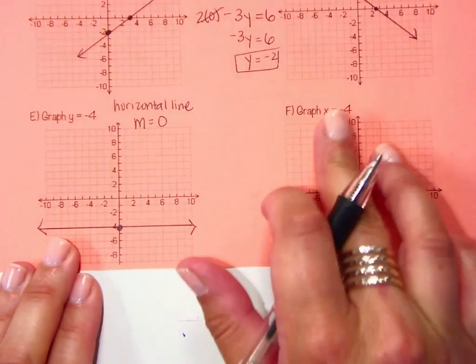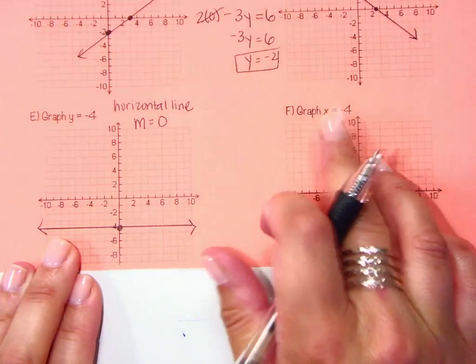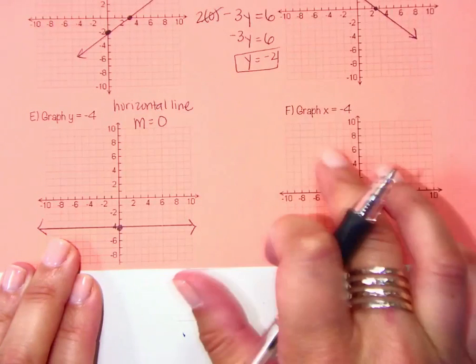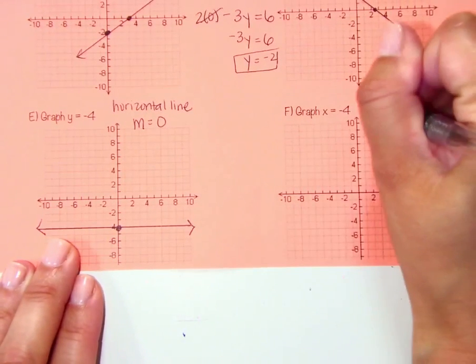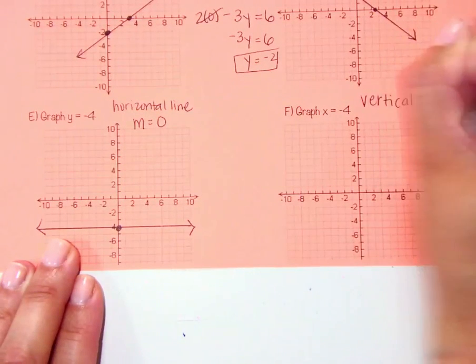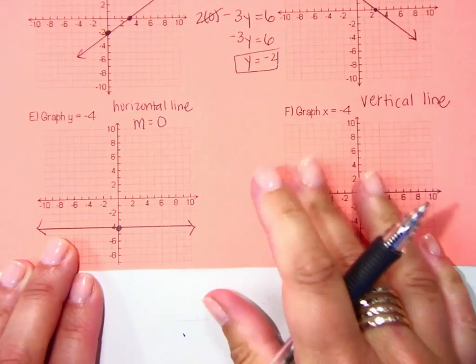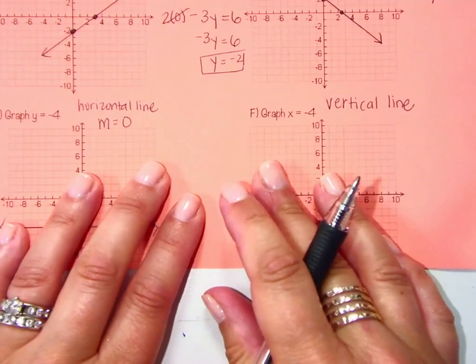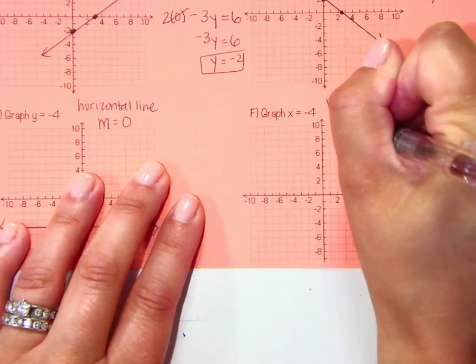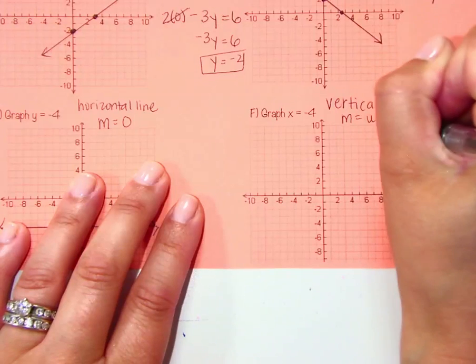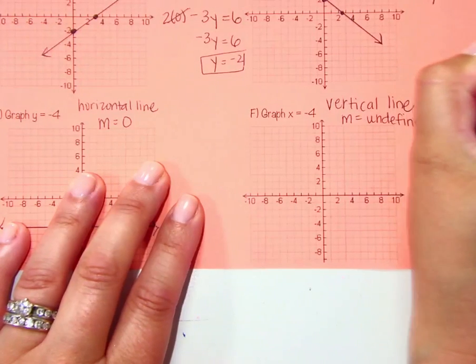If you look at that last example then, we still have that -4, but this time it's just x equals -4. There is no y term. This is a vertical line if it's just x equals. A vertical line has a slope that we say is undefined.